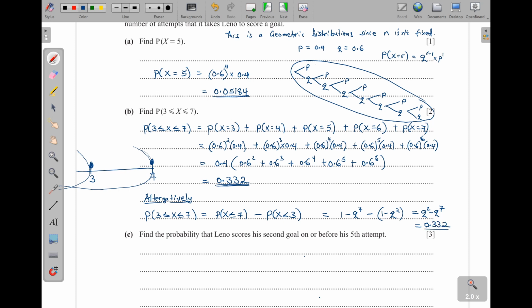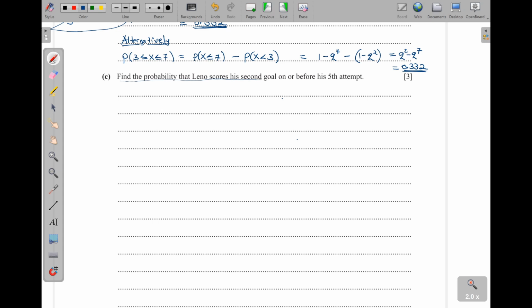Find the probability that Leno scores his second goal on or before his 5th attempt. Now, the second goal, on or before, all means addition. So let us look at something here.